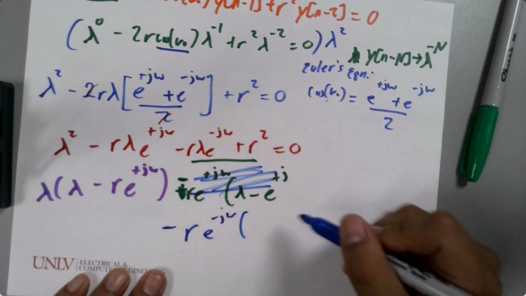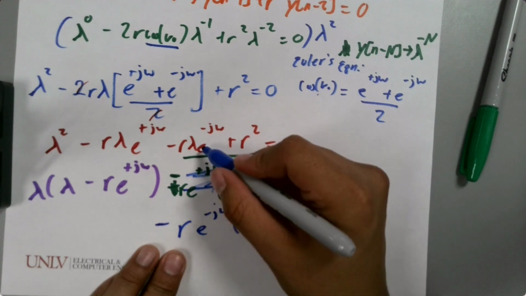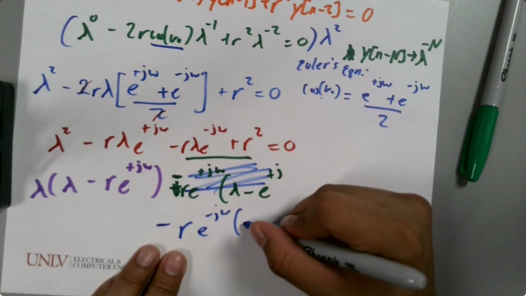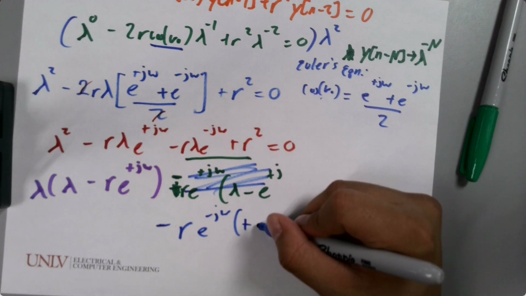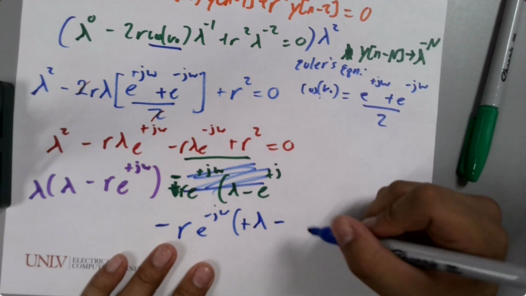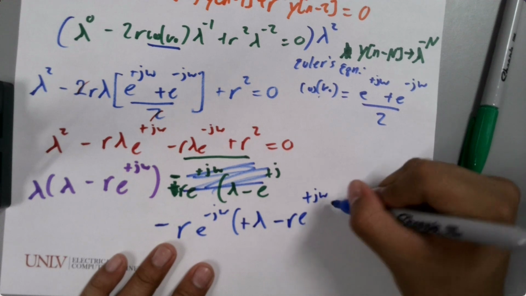If I pull this out from here, I'm going to get a positive lambda, minus r e to the positive j omega.